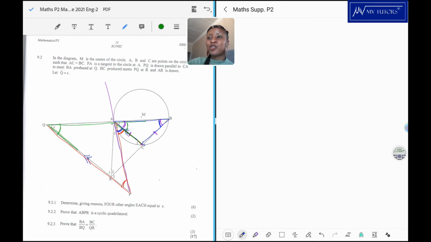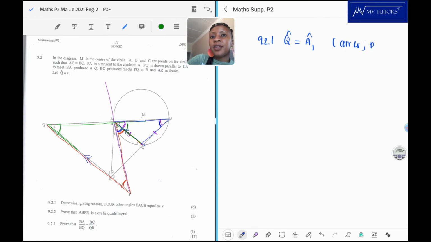Okay, this is where we should be flowing, right? 9.2.1. First of all, I'm going to start where X is. Q is equal to A1. Why? They are corresponding angles. And what is parallel? We have PQ parallel to CA.